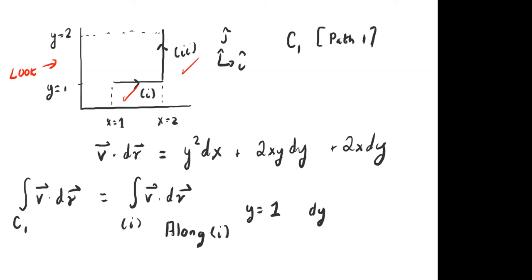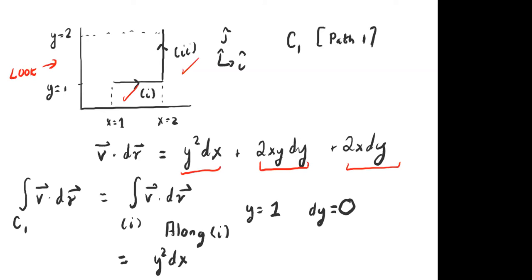So dy is 0. So if dy is 0, then I'm only going to get a contribution in this problem for the first term. This guy is going to vanish because it has a dy, and this guy is going to vanish because it has a dy.